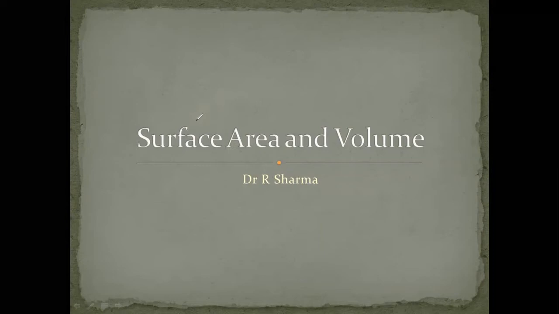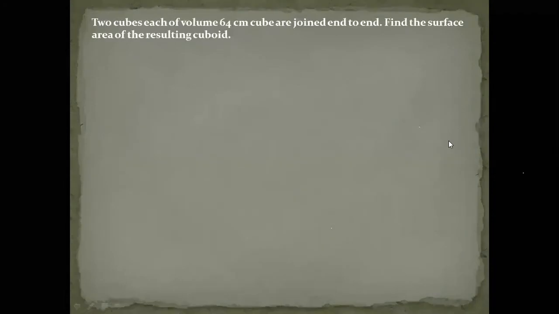So let us start. The first question is: two cubes, each of volume 64 centimeter cube, are joined end to end, and we have to find the surface area of the resulting cuboid.